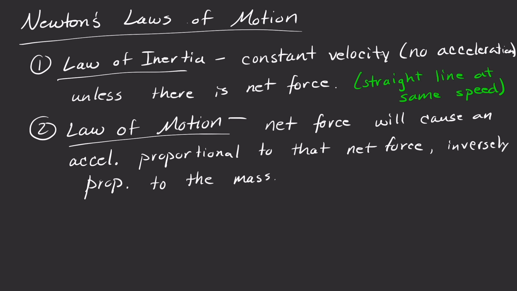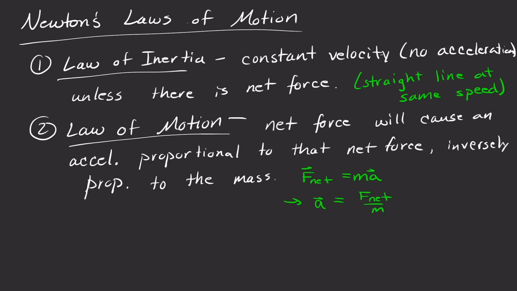Okay? And so this is sometimes written as the net force is equal to the mass times the acceleration. And a better way to write this, to really understand Newton's second law, is to rearrange it for the acceleration: the acceleration is equal to the net force divided by the mass.